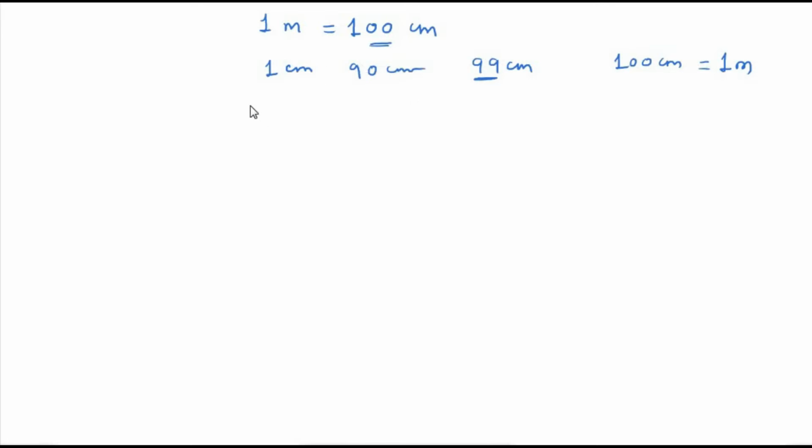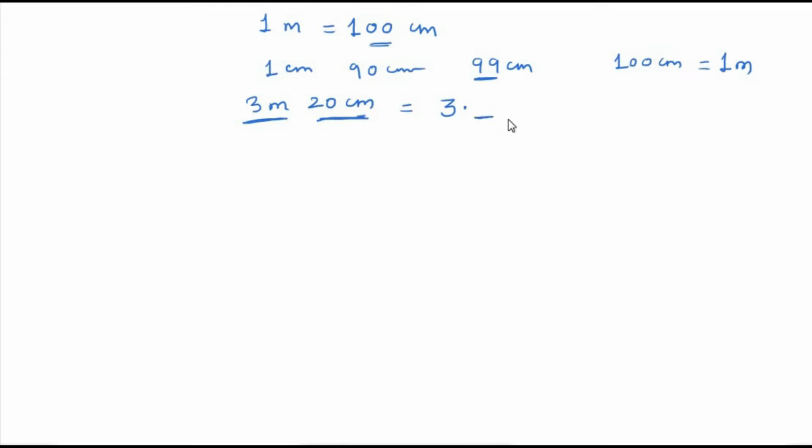So here when we want to change the 3 meter and 20 centimeter into meter, then what can we do? We will keep the meter part as it is, that is 3 meter, and to represent the centimeter part, because this is the part of meter, we can add 1 decimal point here. And how many digits can we use to represent the centimeter?